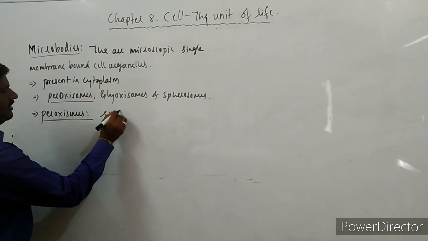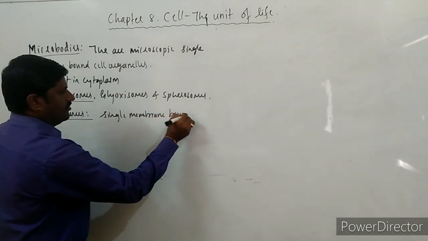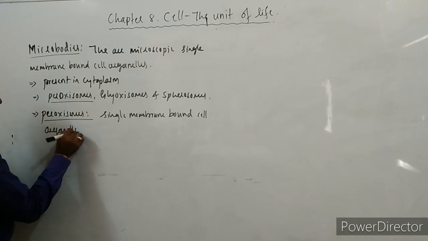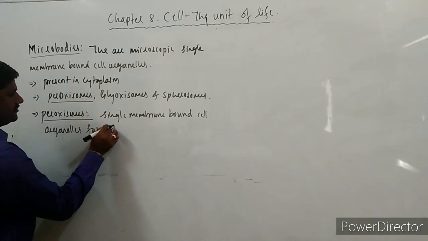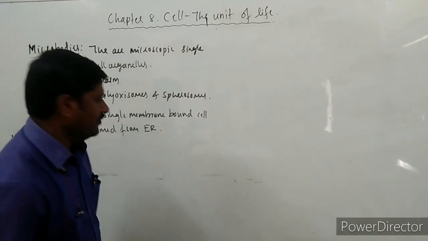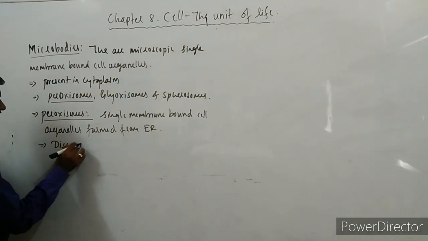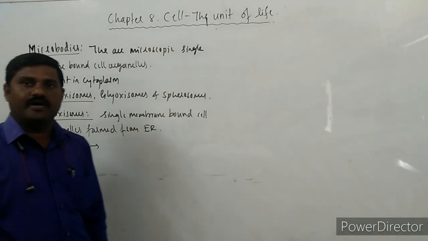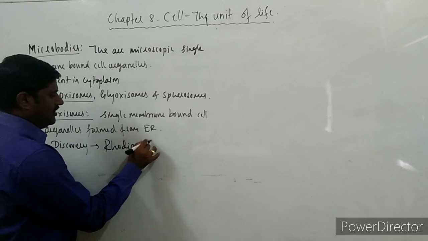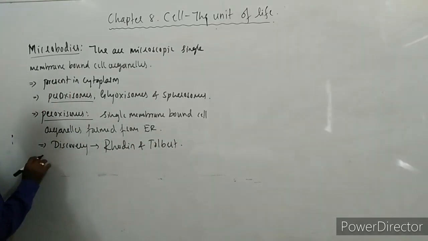These are single membrane bound cell organelles formed from the vesicles of the endoplasmic reticulum, and they were first discovered by Rhodin and Talbot, the two scientists who discovered them.